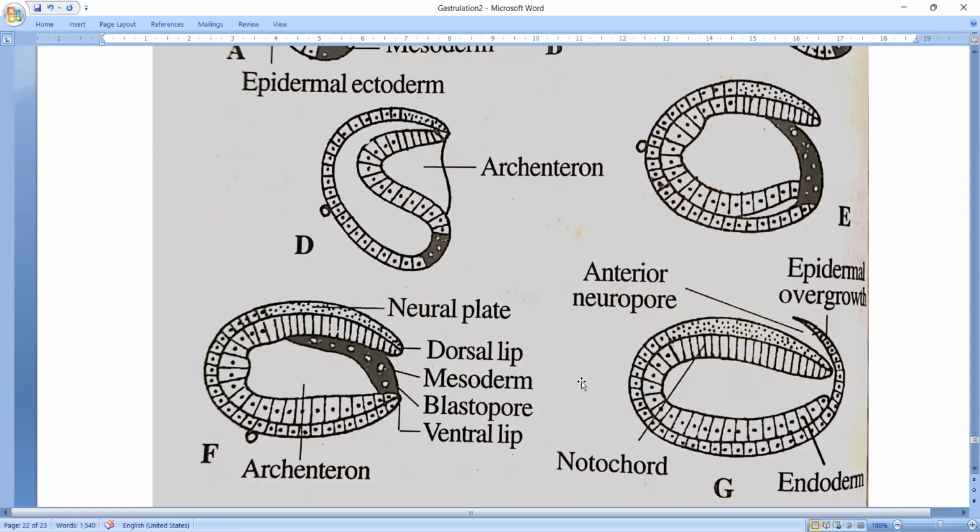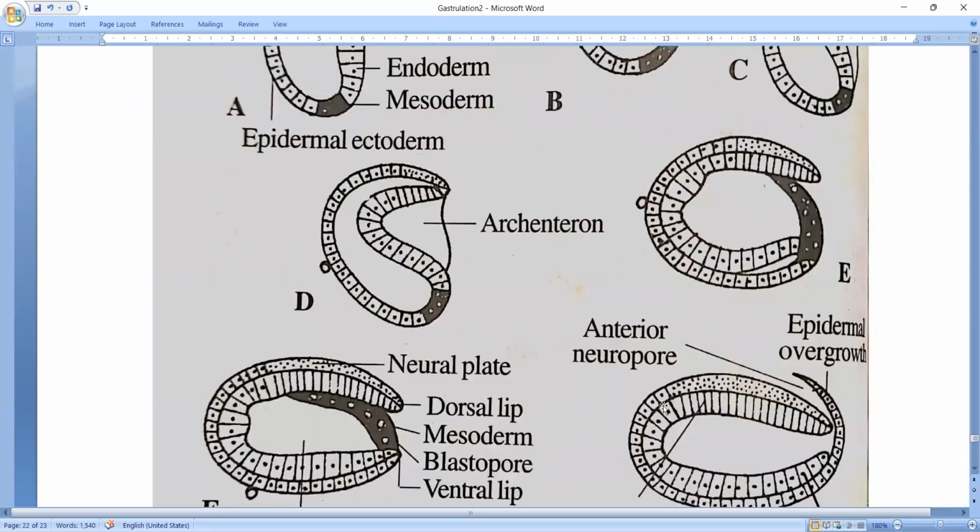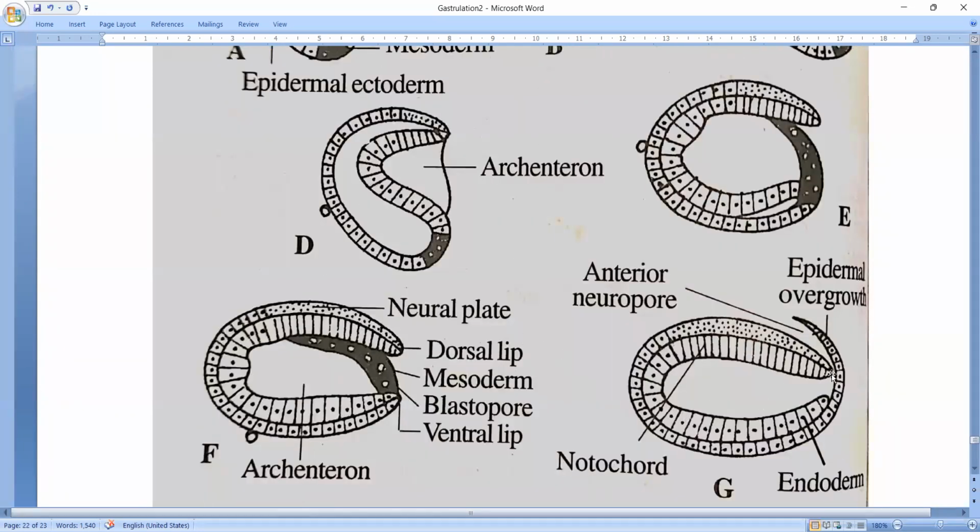This is the blastopore. Almost at the end of gastrulation, this blastopore is almost closed by epidermal overgrowth, so it has almost disappeared.